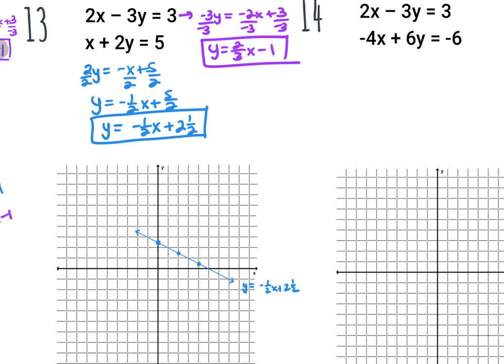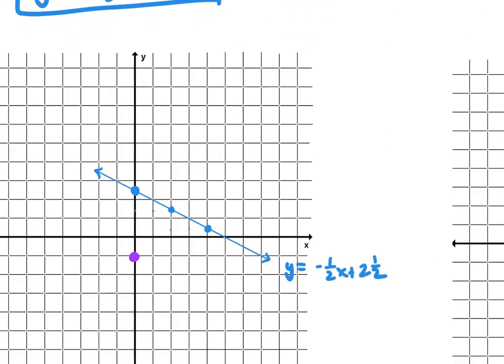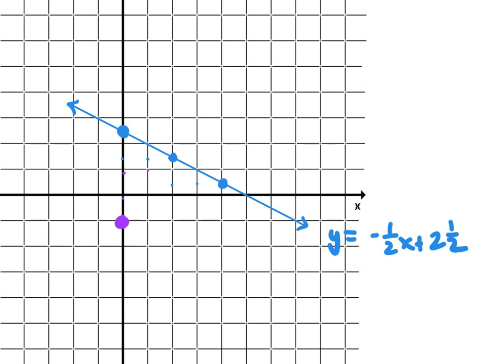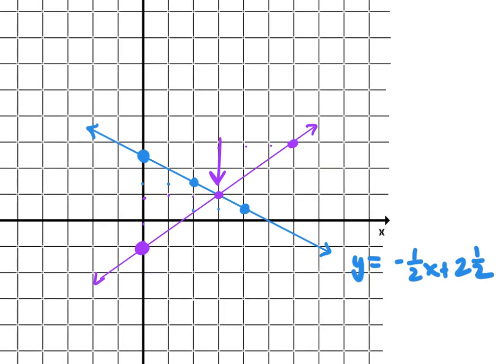And then the other one starting at -1, and my slope is up 2 and over 3. And it overlaps right there, and that corner point would be 3, 1.